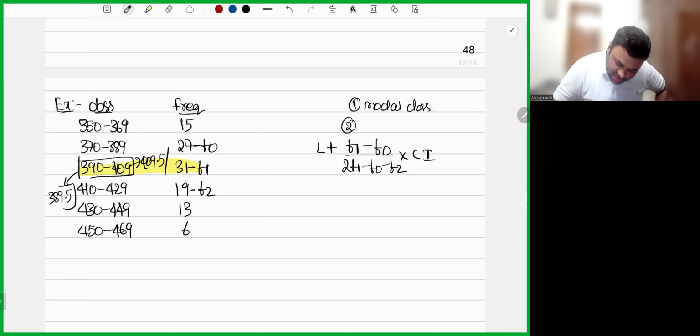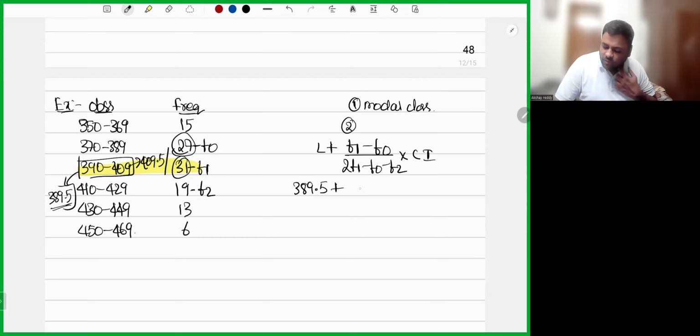So first, lower class bound, 389.5. F1 minus F0, 31 minus 27, is 4. 2F1, 2 into 31, is 62, minus 27 minus 19. What is the class interval here? 20. How will you calculate the class interval?